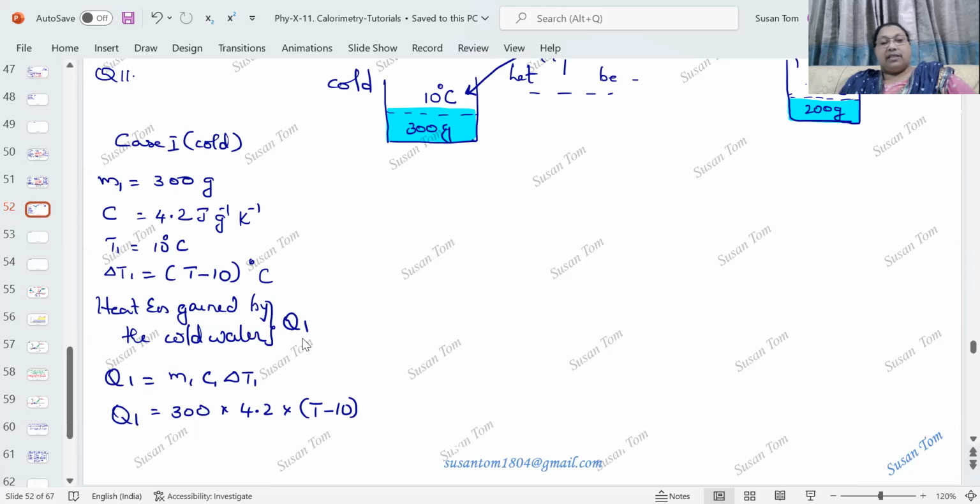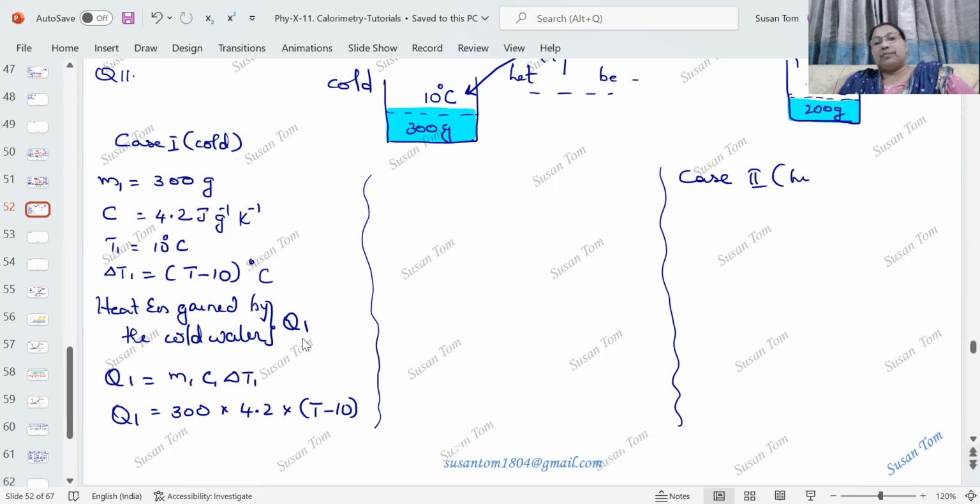Now, here we will combine them, but you will have to write under what you have written case 1, okay? So case 2, you write for the details of hot water. Mass M2, 200 gram, check it in the book, 200 gram of hot water, which is at a temperature, specific capacity is the same, 4.2 joules per gram per Kelvin.